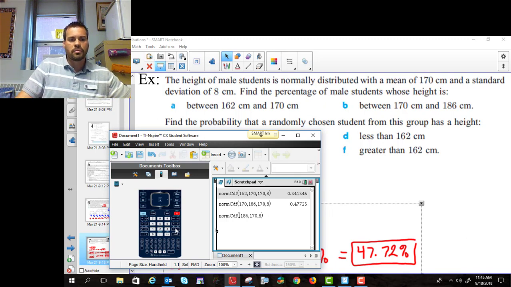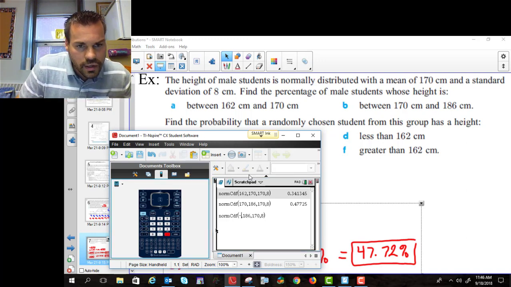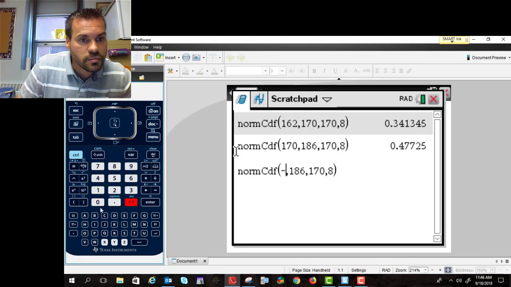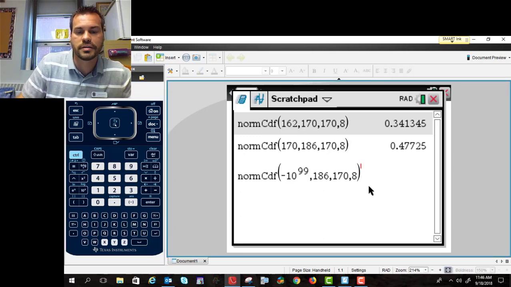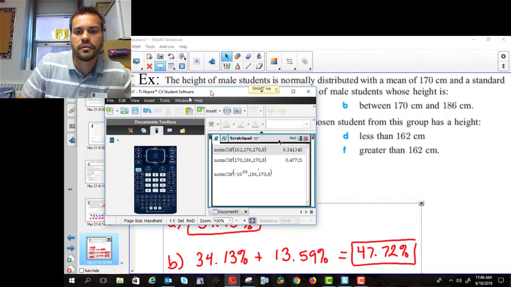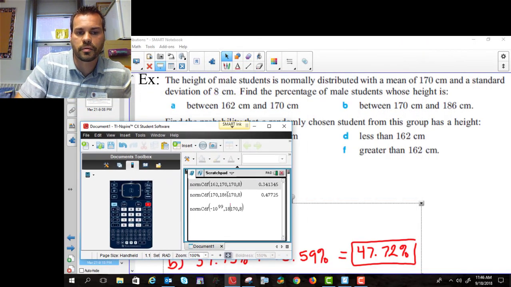So for that lower bound, we're going to put in minus, and then hit 10 to the, which I can't see, so let me make this bigger. You just hit 10 to the, and then put in 99. Basically that's negative infinity. Then we put in 162 for our upper bound, and we hit enter.